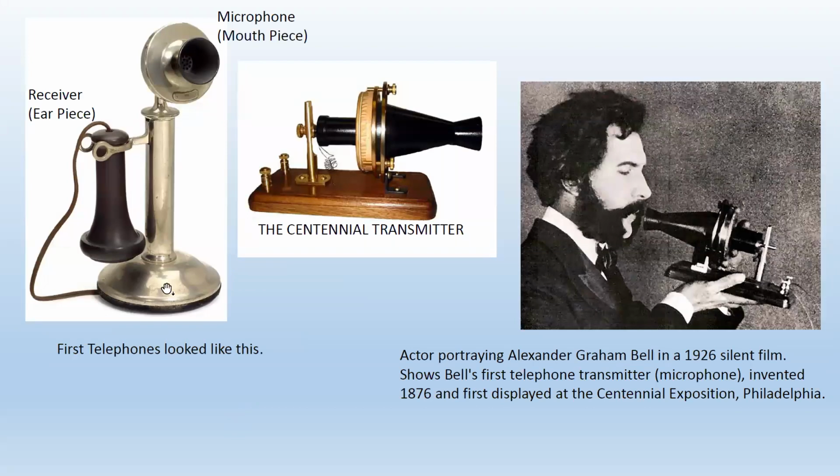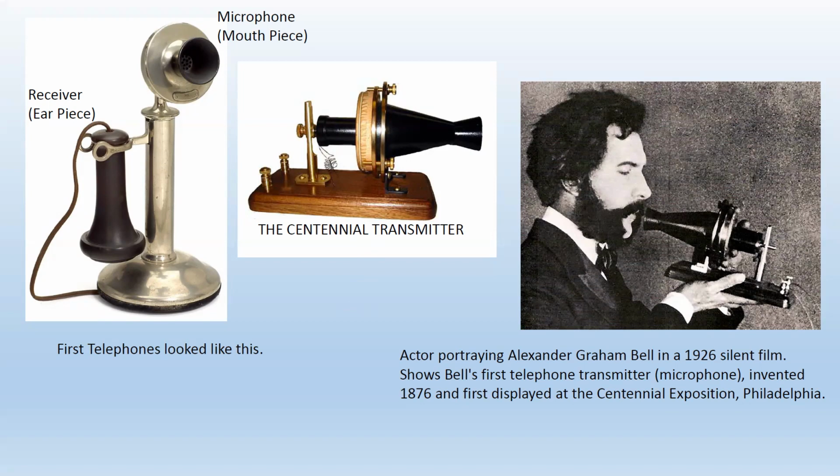All right, so what did some of the first telephones look like? Well, here in the forefront we have something called a Centennial transmitter, and that was the first voice transmitter that was used. Apart from the telegraph, because the telegraph was invented first, and we'll talk about that just a tiny little bit.